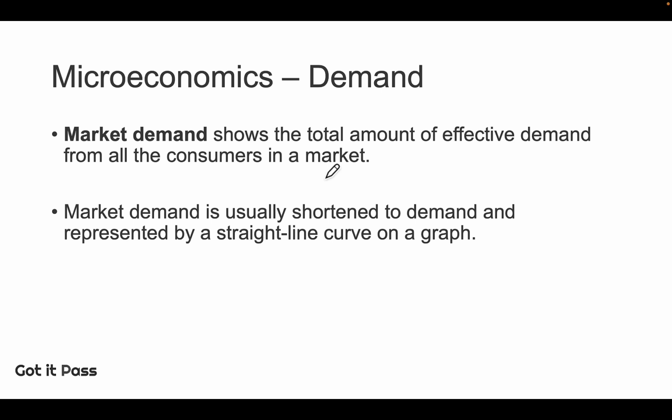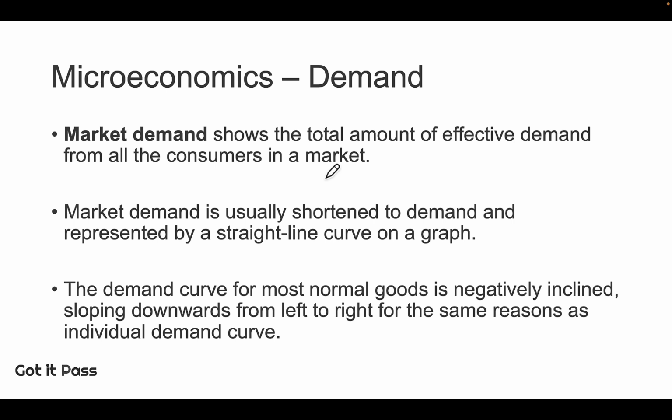So it is quite easy to understand because it is the summation of all individual demands into a market demand. And the demand curve for most normal goods is negatively inclined, sloping downwards from left to right, for the same reasons as the individual demand curve. So it is quite straightforward to explain what market demand is.